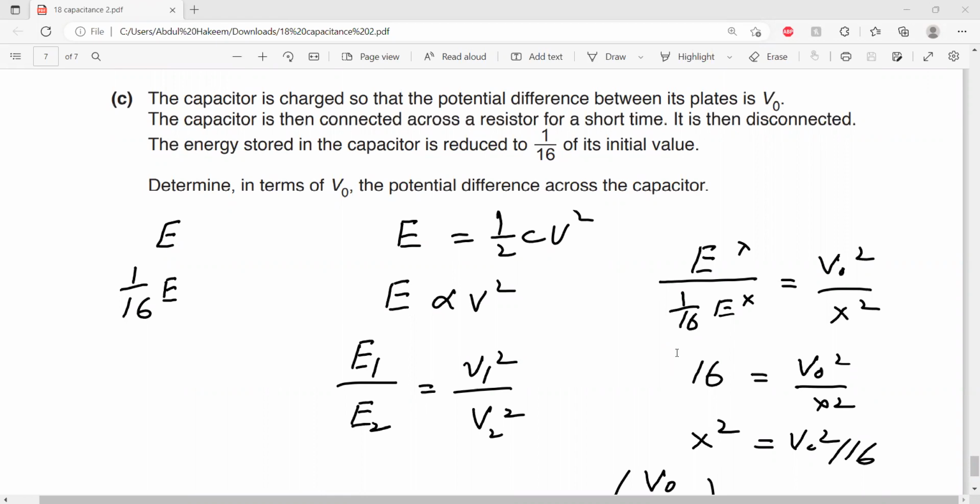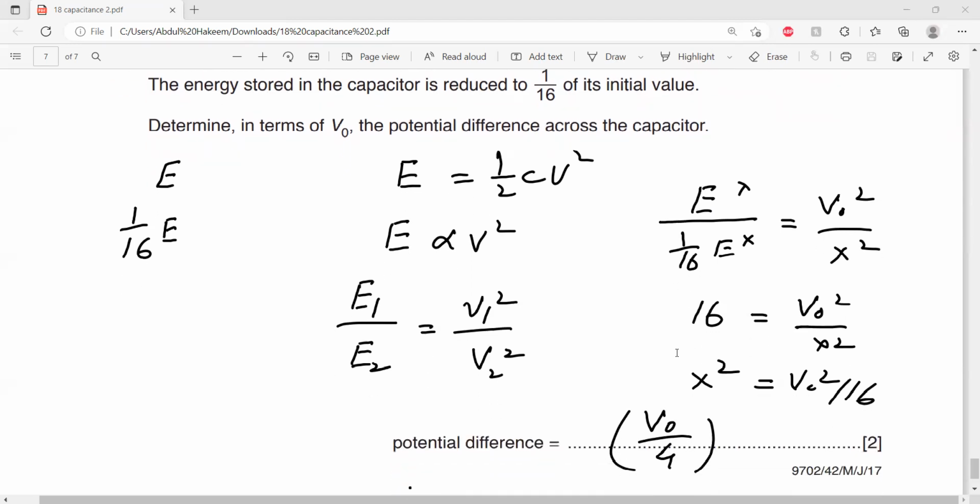It is then disconnected. The energy stored in the capacitor is reduced to 1 by 16 of its initial value. This is the remaining energy after discharge in time t. Determine, in terms of V0, the potential difference across the capacitor.